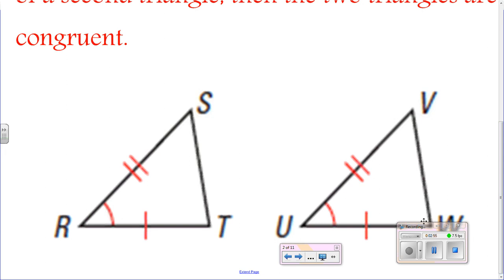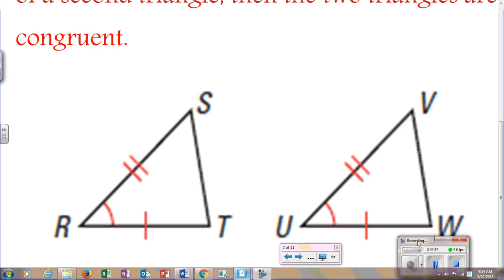And here we have a picture of what that looks like. So triangle RST is congruent to UVW. RST is congruent to UVW.